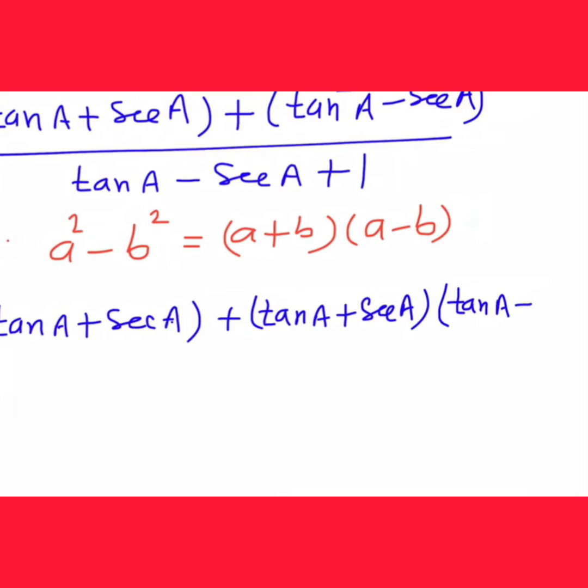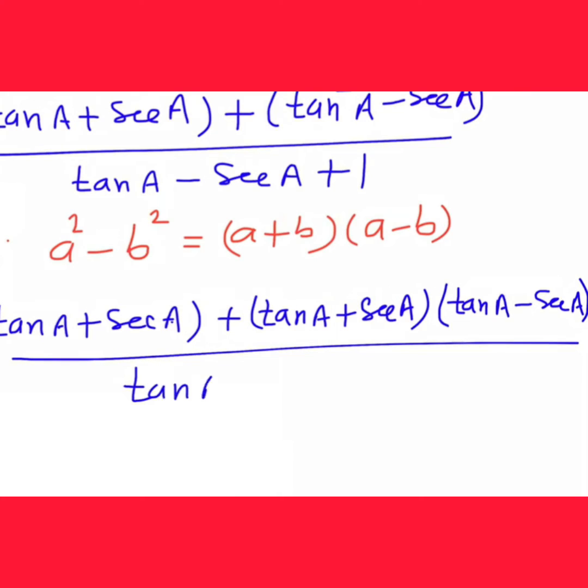Because you used the above identity here. So here we used the identity, but the denominator will be same, tan A minus sec A and plus 1. Now you will observe very carefully, this tan A plus sec A, and here is also tan A plus sec A, and there are two terms in the numerator.